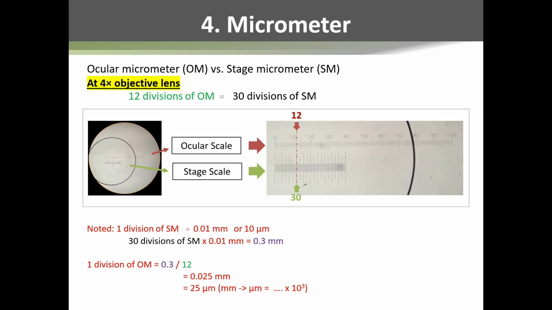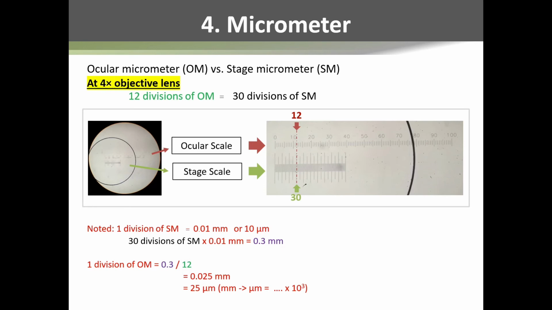We align the 0 mark of the ocular micrometer with the first mark of the stage micrometer. Once the 2 points have been aligned properly, we scan through the scale mark to find a point where the marks of both scales align. Here, the 12th mark of the ocular micrometer aligns with 30 divisions of the stage micrometer.